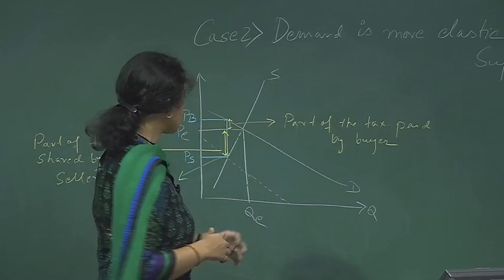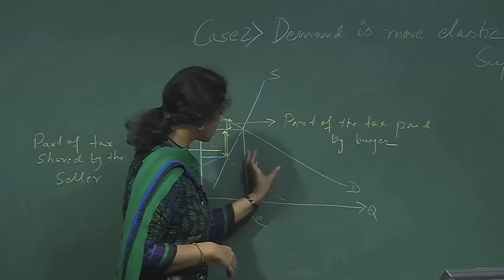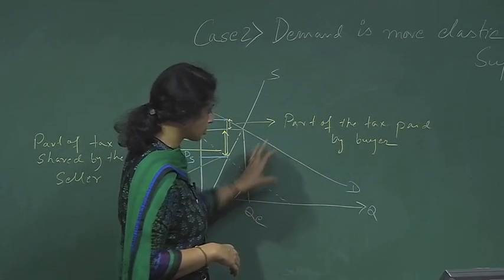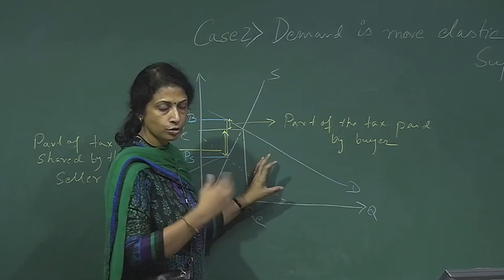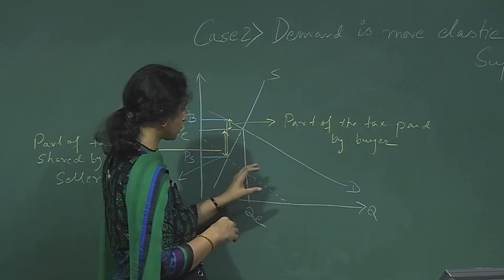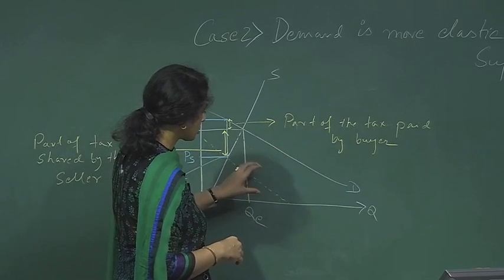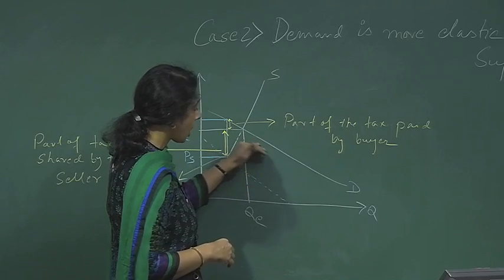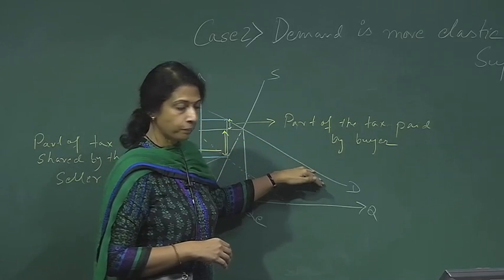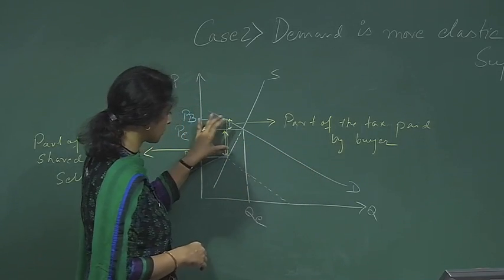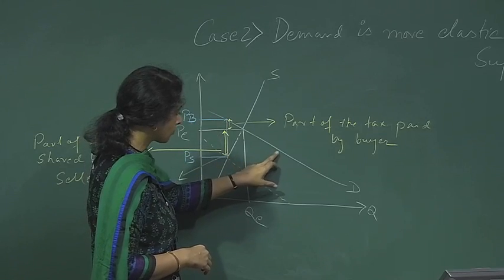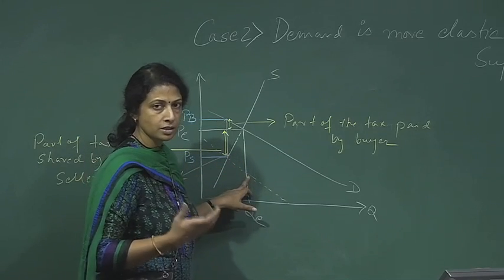So in such a situation, we can see that the amount by which the curve shifts depends on how flat or steep it is. If you look at the earlier diagram also, this is the amount of tax, and the demand curve has made a huge shift, which means the demand is flexible.